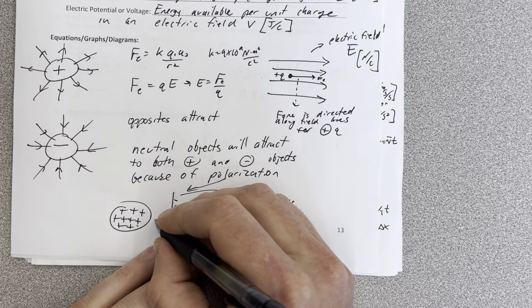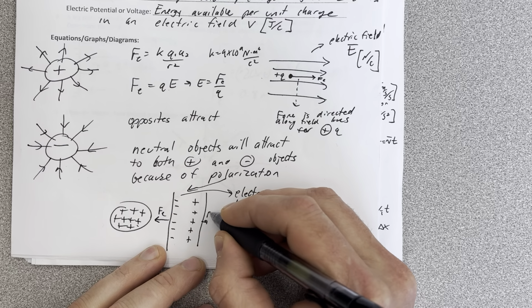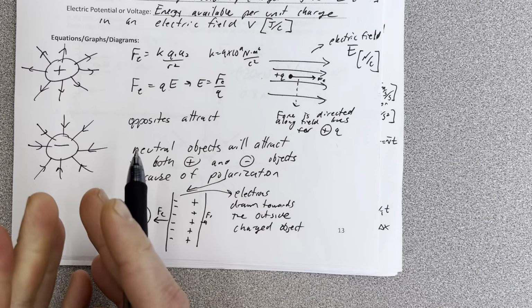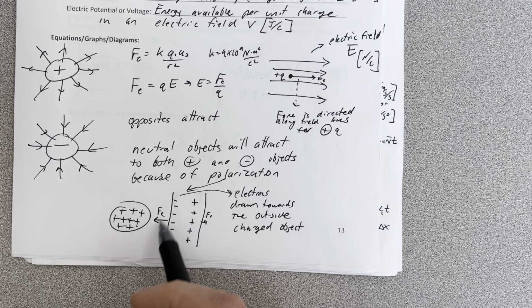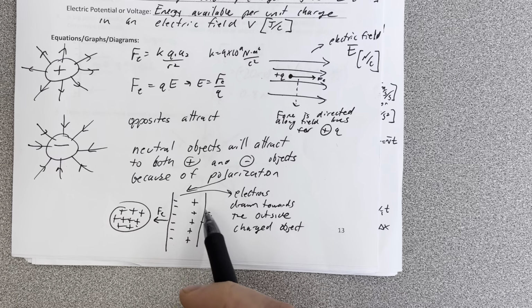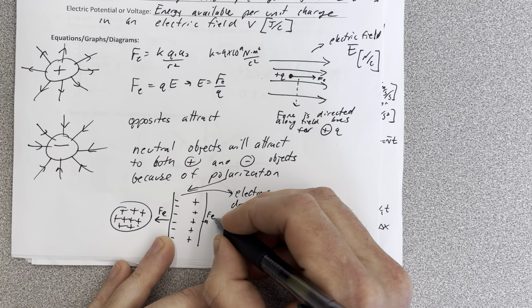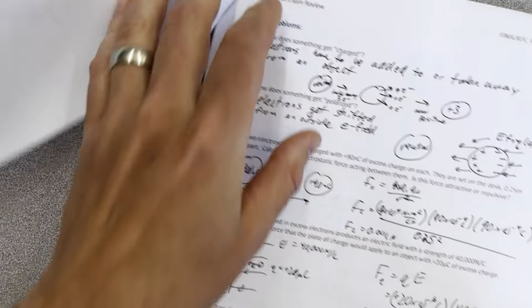So if I drew an arrow of the force, the electric force on each side, this one's got more force, so there's a net force towards the charged object. And if these were all negative, then this side would be positive, this side would be negative, but the force arrows would end up still looking the same. Pretty cool stuff.